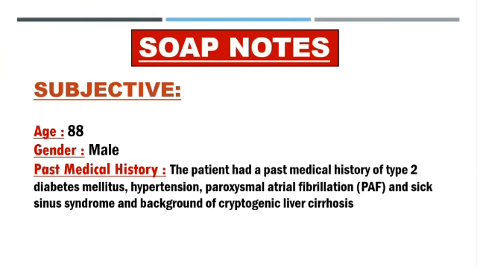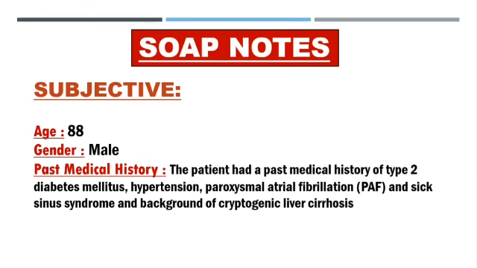Now we will discuss the SOAP notes of this case, which basically tell us how we can diagnose and treat this disease. The subjective usually includes the chief complaint, history of patient illness, any other past medical record or any family history.